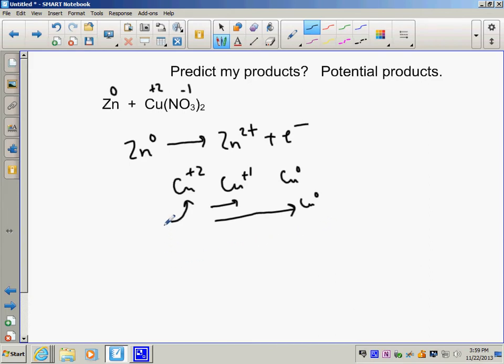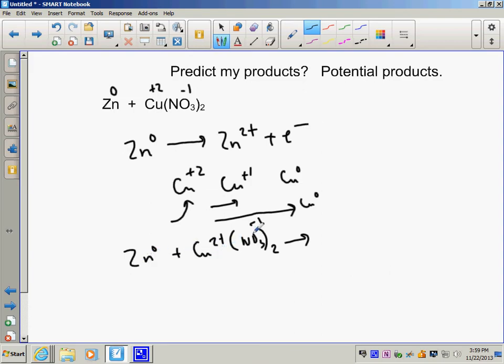It could not dump something on there that already is negative. So my option here is the zinc no charge, plus copper 2+, NO3 1 minus. My option would be for the metals exchanging with metals.